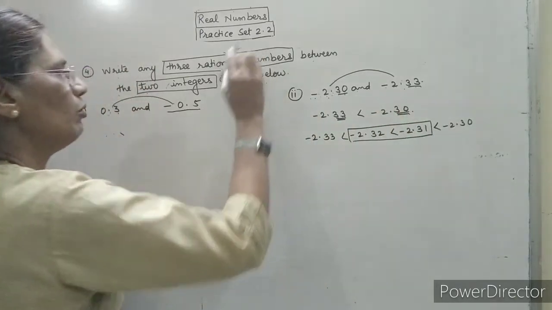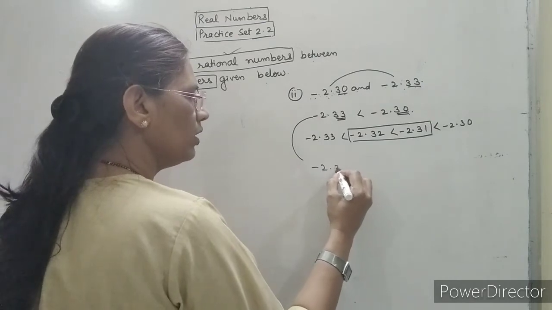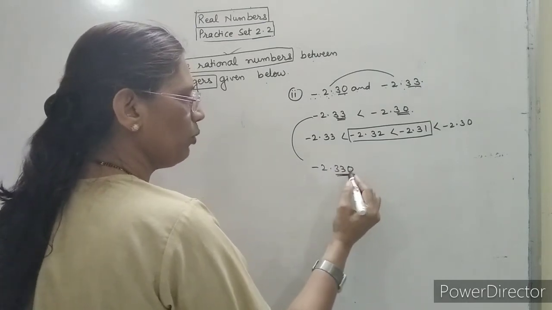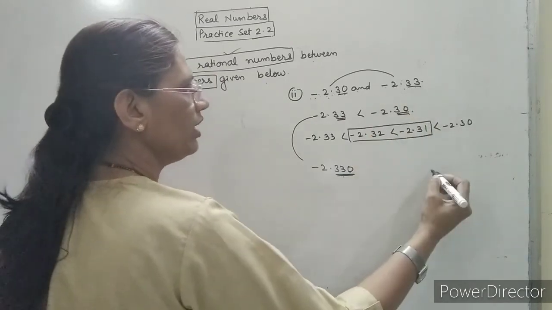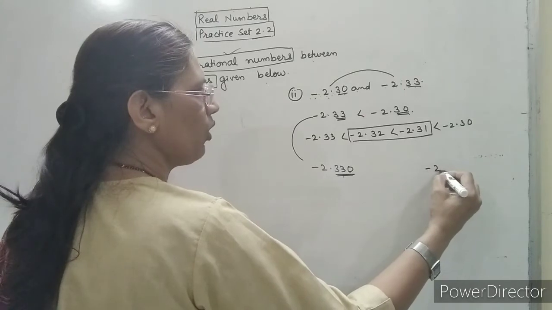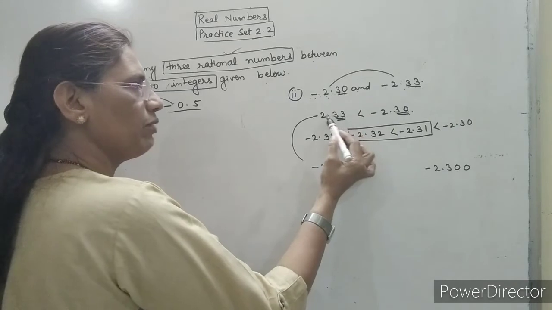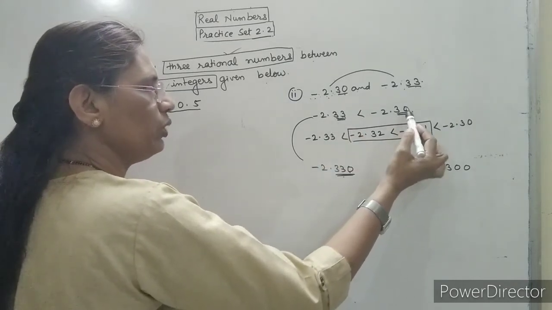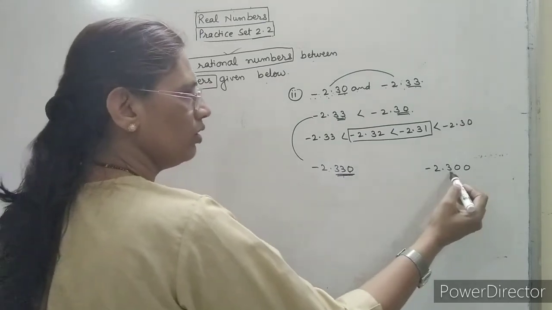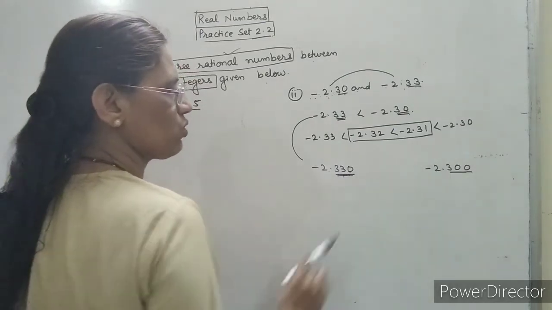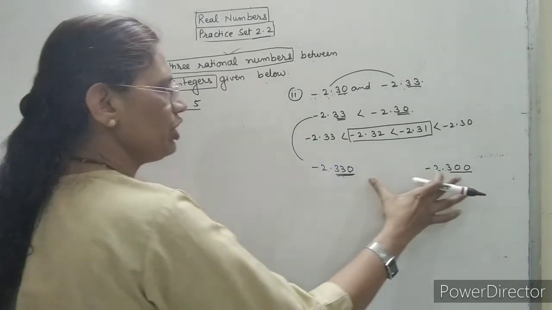But I want three rational numbers, and therefore what will I do? I will write 3 digits after the decimal point. By putting 0, it makes no difference. This value remains as it is. And here I will write negative 2.300. Right? Earlier I had written 2 digits after the decimal point, but now I have written 3 digits after the decimal point, and 3 digits here also. Now we will get many rational numbers between these two.